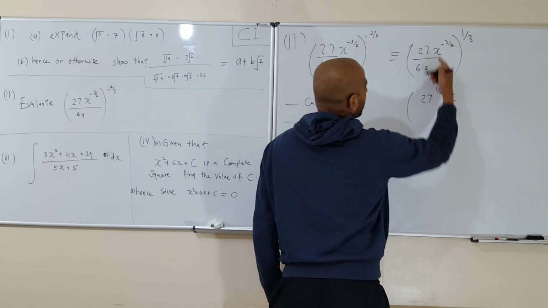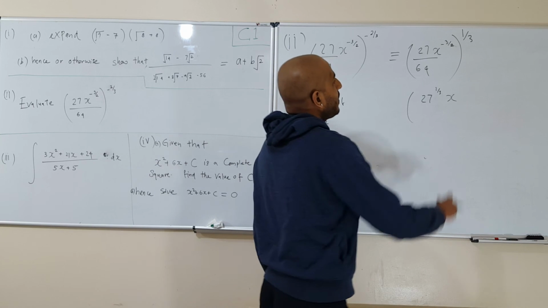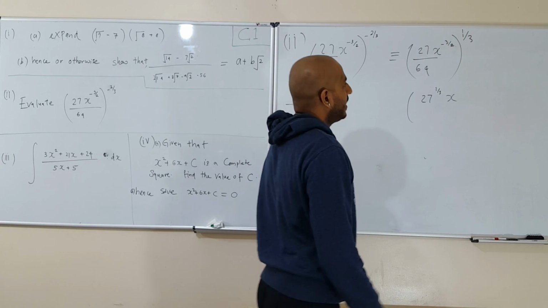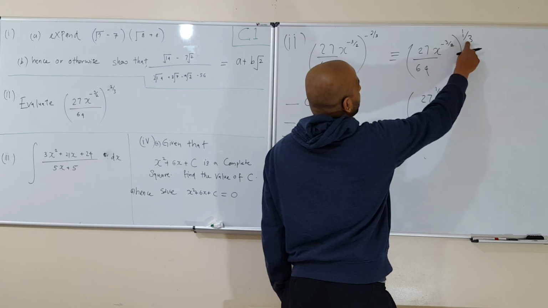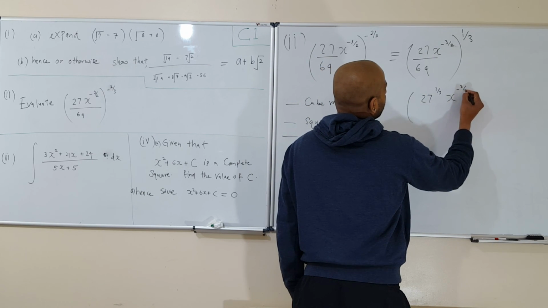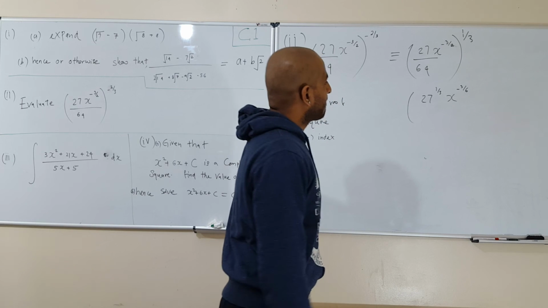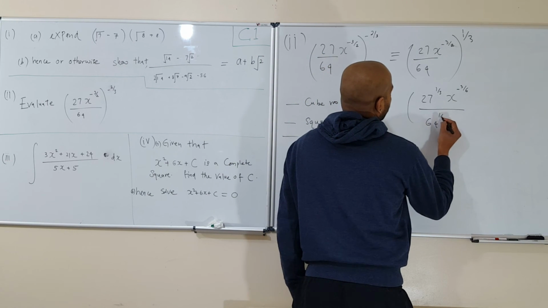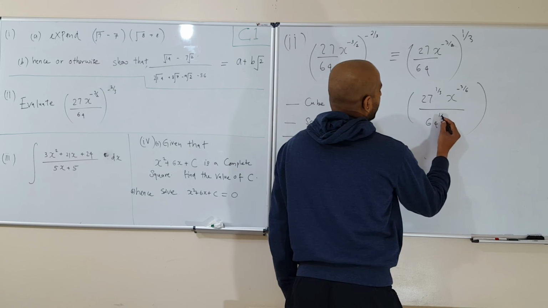When we do the second one, we can times these things together. 1 times 3 is minus 3, 2 times 3 is 6, so you're going to have minus 3 over 6. The other one is 64, again a cube root. It's pretty straightforward.